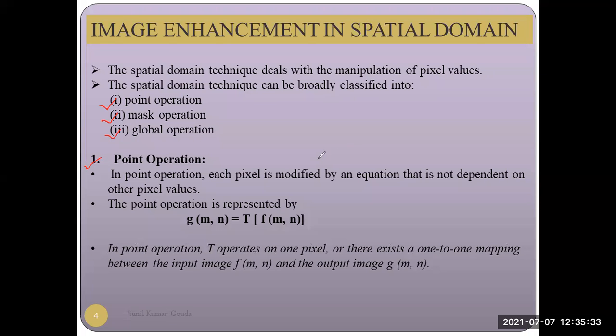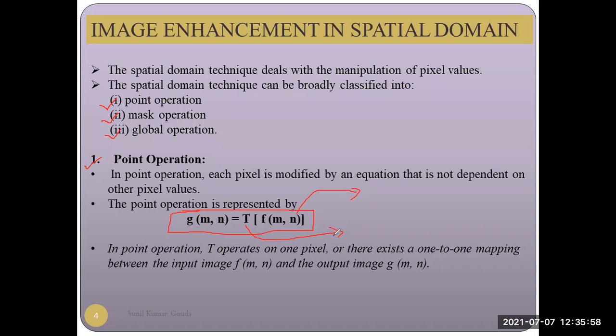The mathematical representation of the point operation you can see here, where f(m,n) is the original image, or I can say the original pixel of an image. Then we are using a transformation operator.